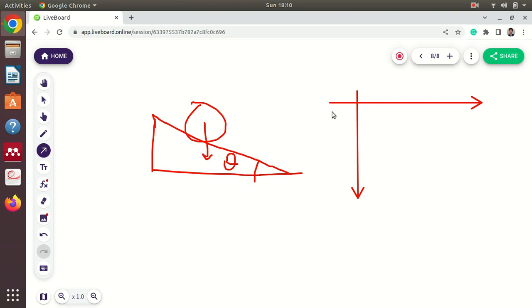So now here the motion is not in this direction, motion is along some other direction, and normal is here. So what we do, we change our axis system. Instead of this, we align them in the direction of motion and perpendicular to this. So this is nothing but the change in axis.